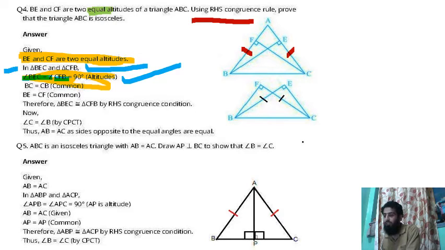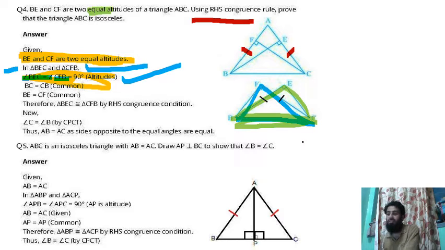Next thing, if you look at side BC, this side BC, you will find that this is such a side which is found in both the triangles. That is, it is found in this triangle BEC as well as in this triangle BFC. This is a side which is found in both the triangles. What is such a side called?